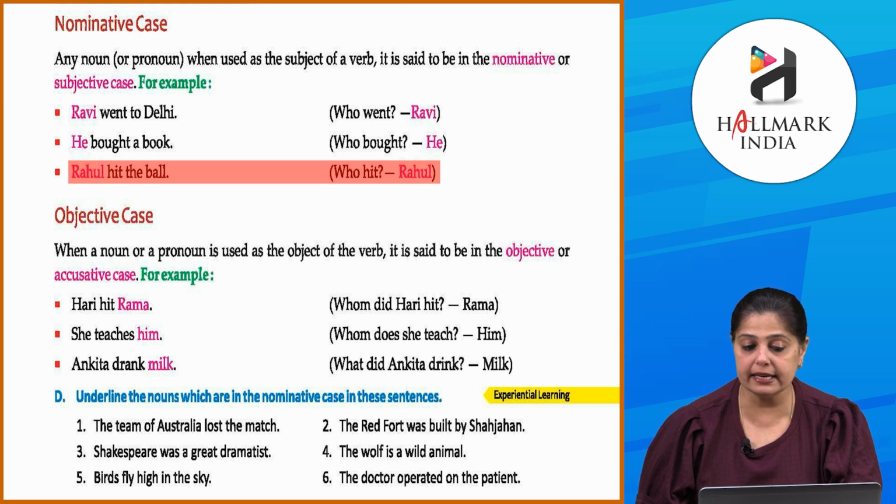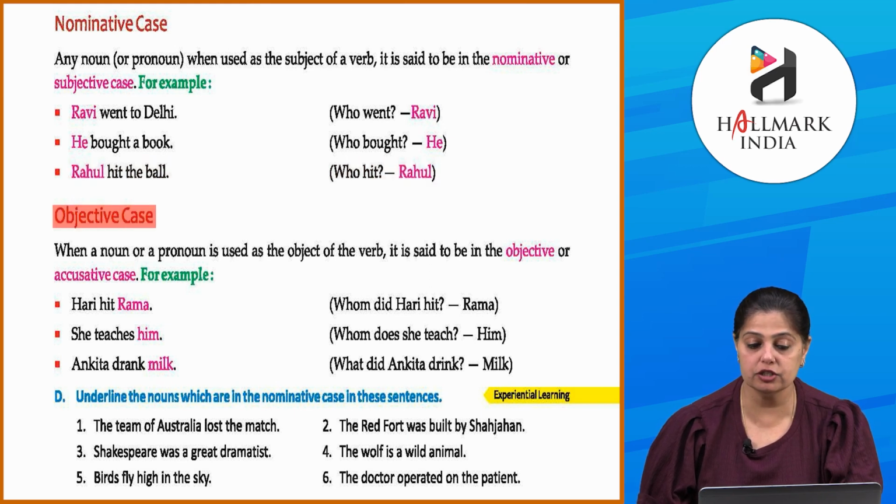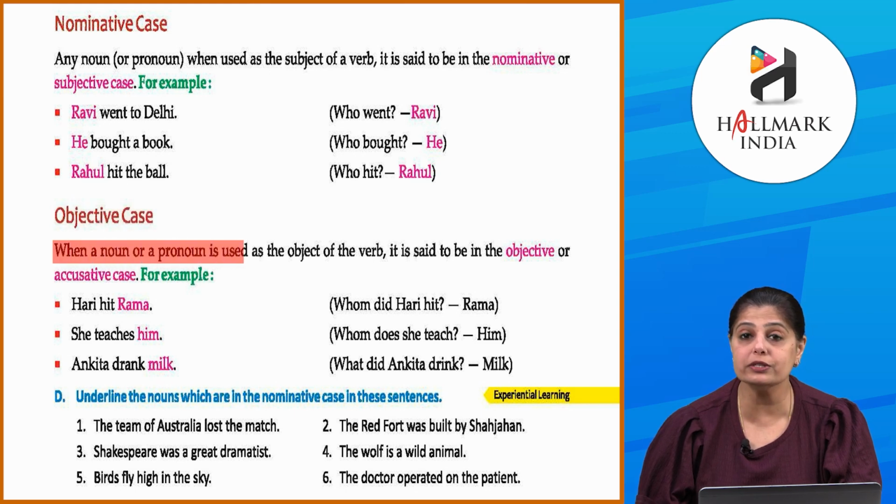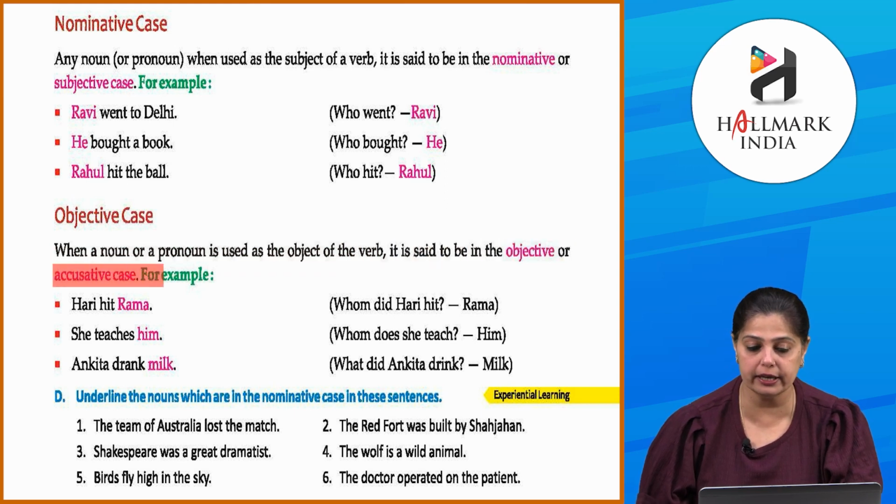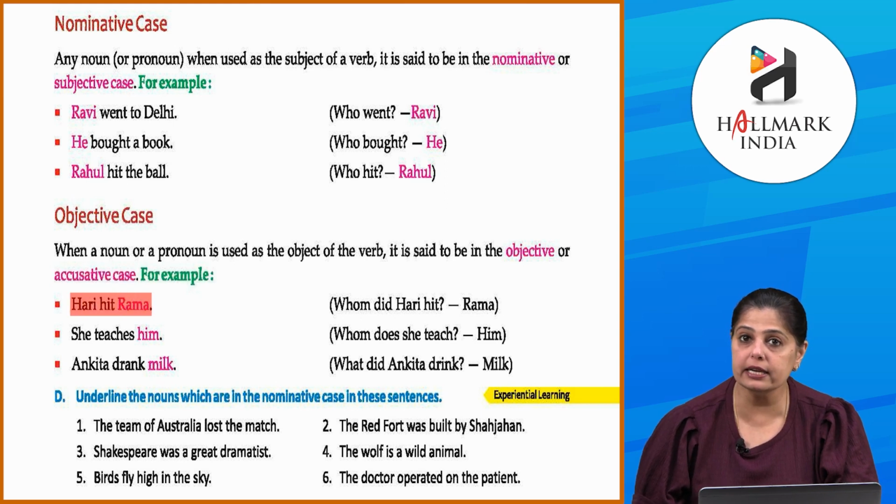फिर next is objective case. जब यहाँ पे nominative में वो subject होता है, तब वो बन जाता है nominative case. Next is objective. When a noun or a pronoun is used as the object of the verb, it is said to be in the objective or accusative case. For example, Hari hit Rama. Hari is the subject. उसने object को मारा है.